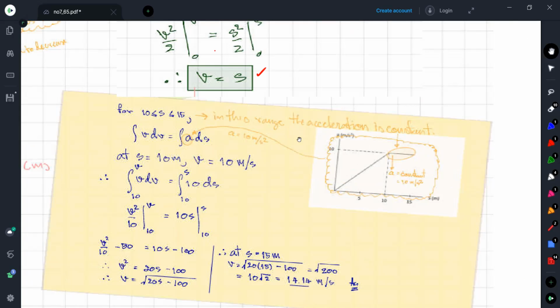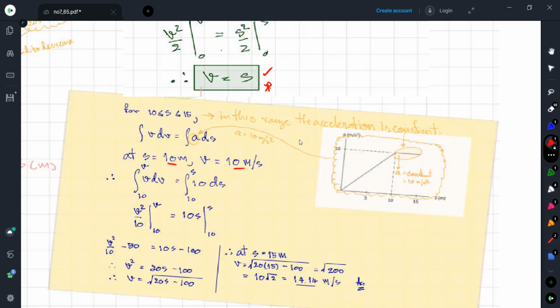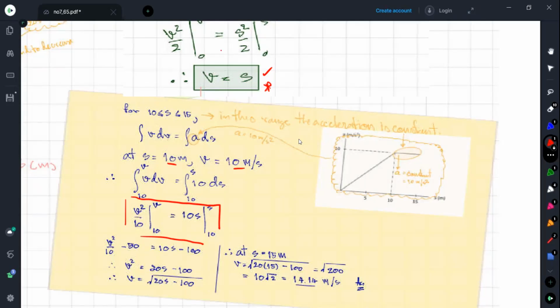When S equals 10 meters, V equals 10 also according to this equation. Then we integrate both sides and find this relationship. Substitute the limits of integration on both sides, and we get this.